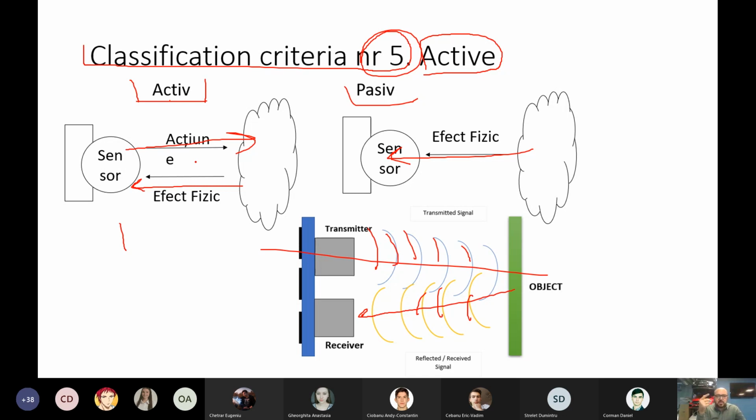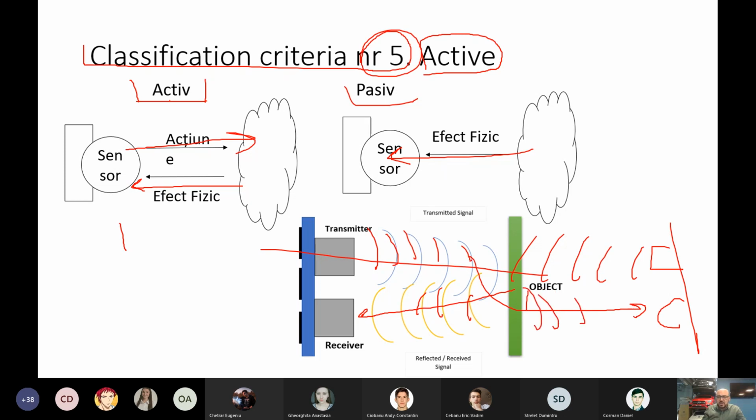Let's say we have 2 sensors, one here and one here. When I activate the environment, most probably I can catch back not the reflection, but the signal that was transmitted by another.